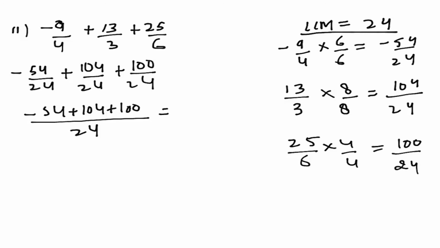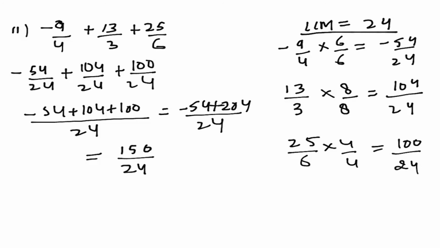So we have minus 54 plus 204 by 24. As we have 1 plus and 1 minus, we will subtract, and here 204 is positive, so it means we will have the positive sign. When we subtract 54 from 204, we will get 150 by 24.